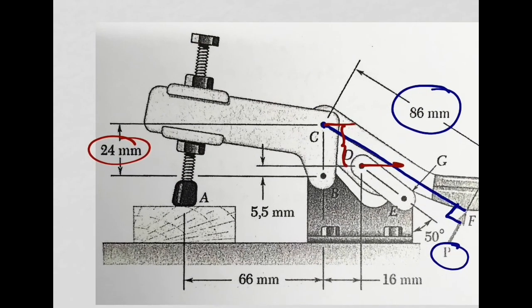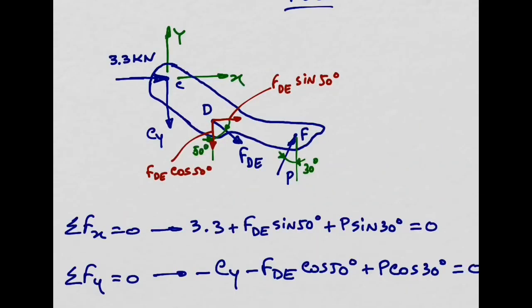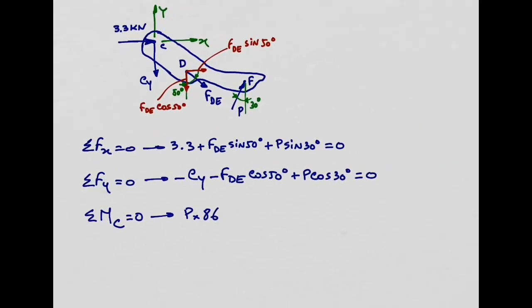Sorry, something is wrong here. You need to take out this, so this makes 18 and a half. That's what we have to use here. So that moment is going to be anti-clockwise about C, so positive. The force is FDE sine of 50 degrees, and the distance is, like you said, 18.5. That is the horizontal component.